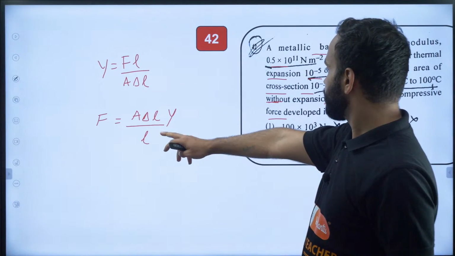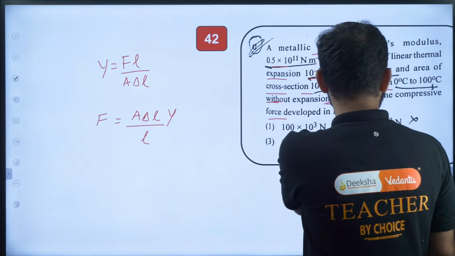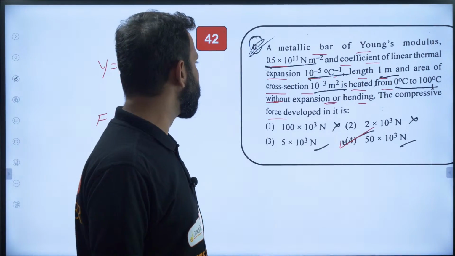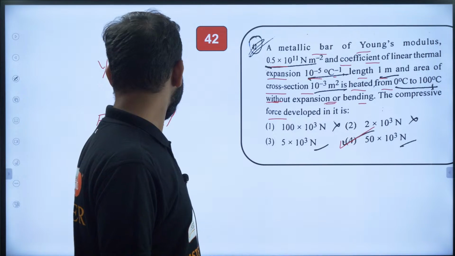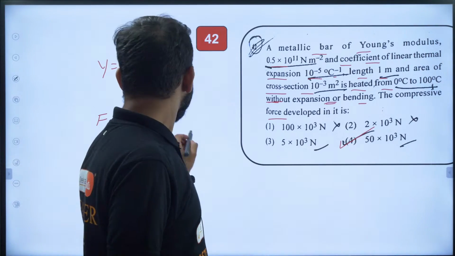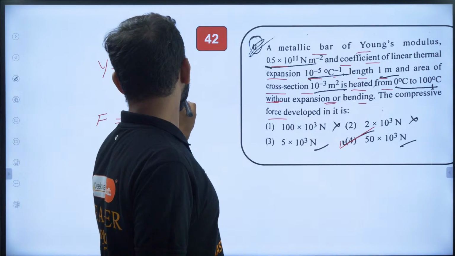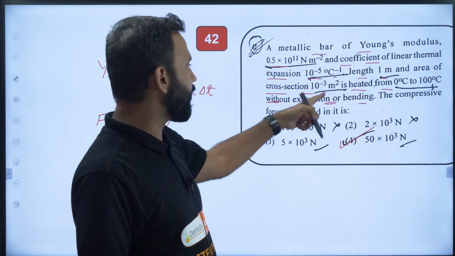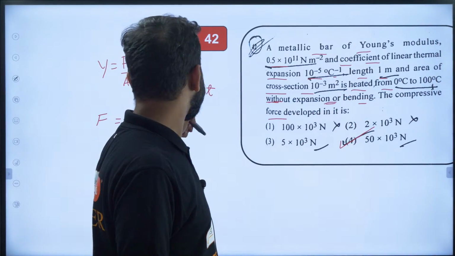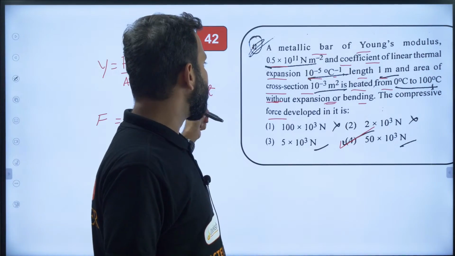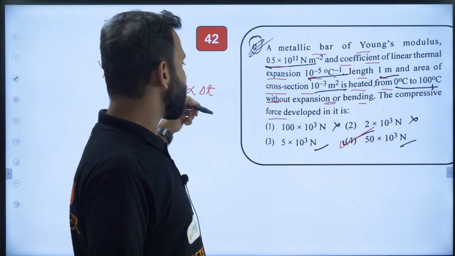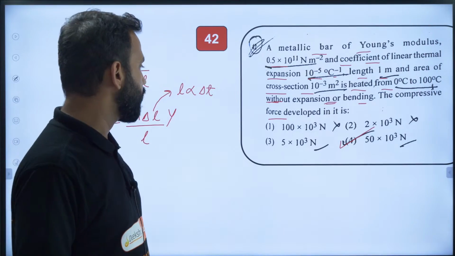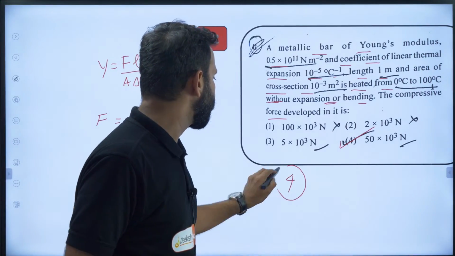Here delta L is equal to L into alpha into delta T. Alpha is given, delta T is 100 degrees Celsius, and L is 1 meter, and L will get cancelled. You will get F equal to 50 into 10 to the power 3 Newton. So the fourth option is correct.